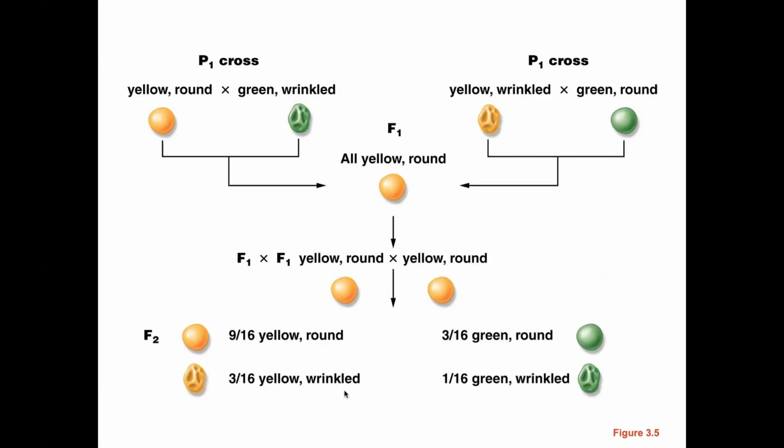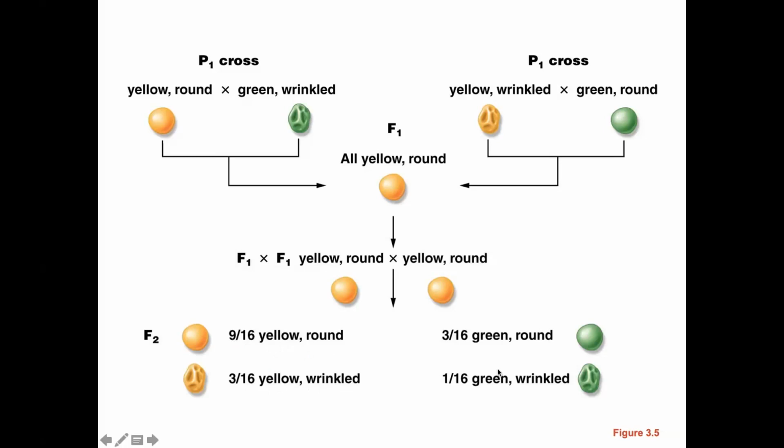But now we want to look at them together. We're doing a dihybrid analysis. We're looking at inheritance of the two traits simultaneously within a single cross. This is where he came up with the idea of independent assortment. Of those that are yellow, that's 12/16 of the population, what you see is that 9/12 of them are round and 3/12 are wrinkled. So of those that are yellow, 3/4 are round and 1/4 are wrinkled.